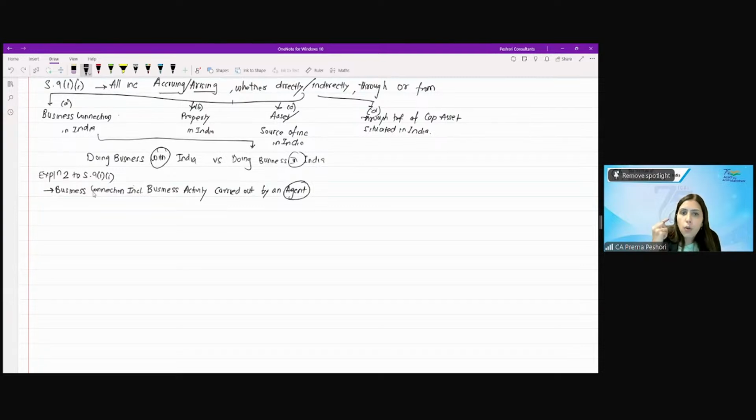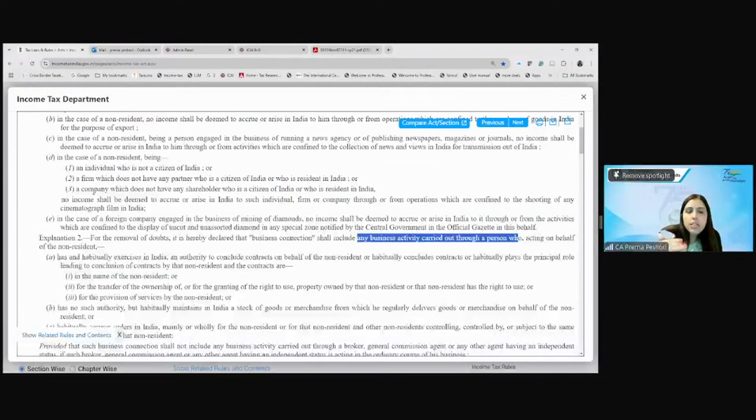Now, what are the conditions for saying that this person is the agent of the non-resident? And why is this included in the business connection? See, obviously you have already done contract law as a part of your CPT and intermediate syllabus.